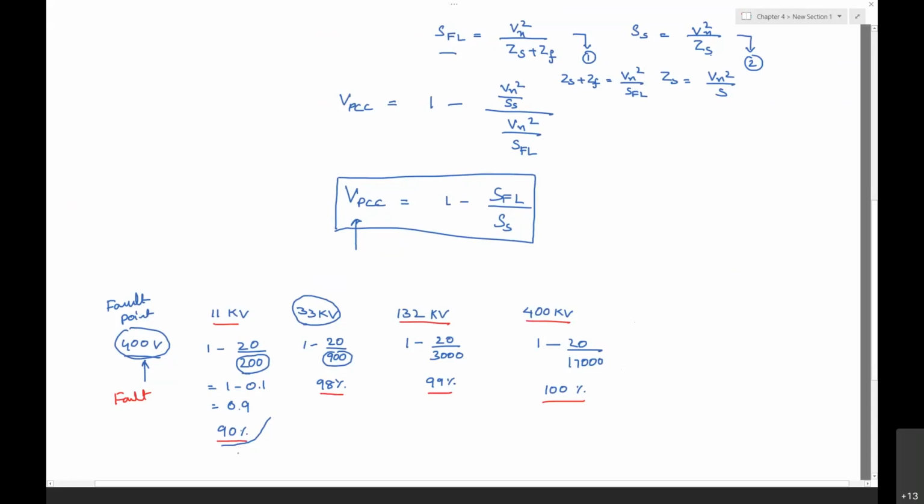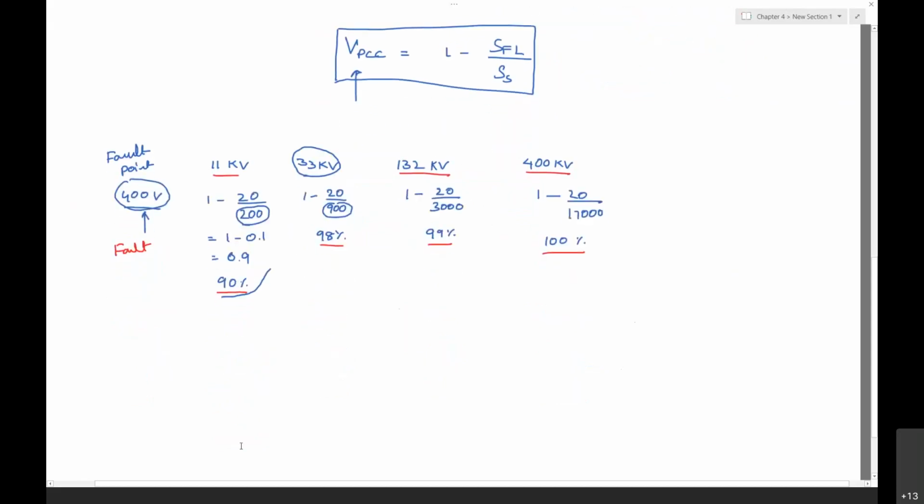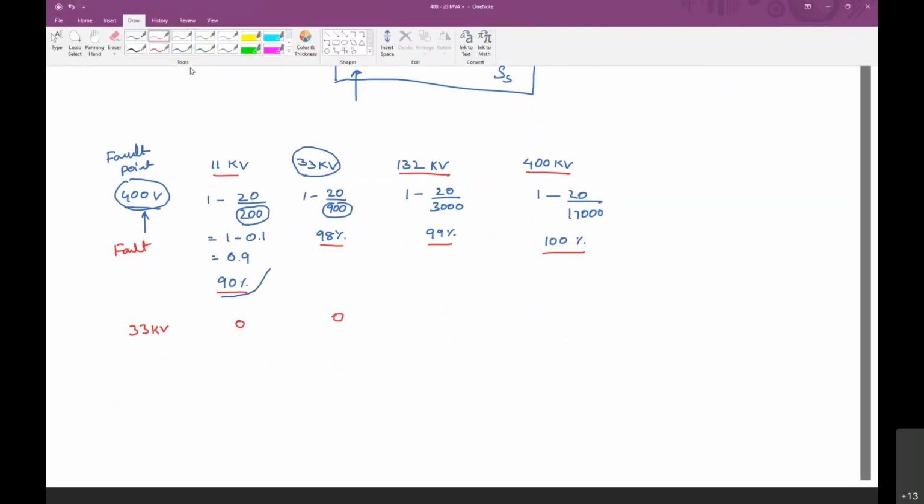We'll try to consider the fault at a 33 kV line. Then at 11 kV it is obviously 0. At the 33 kV line it is also 0. We need to consider, if the fault is at 33 kV, then at 33 kV it is also 0.